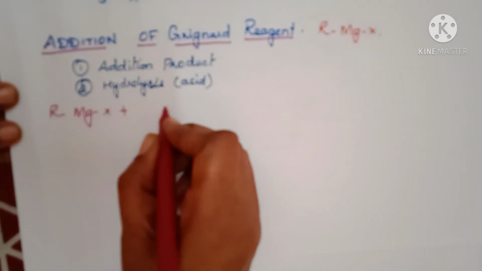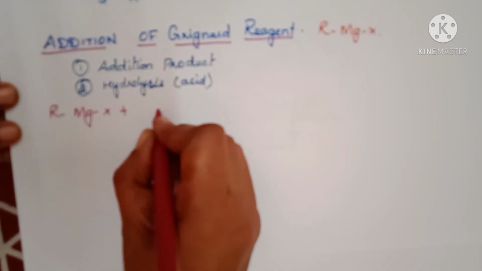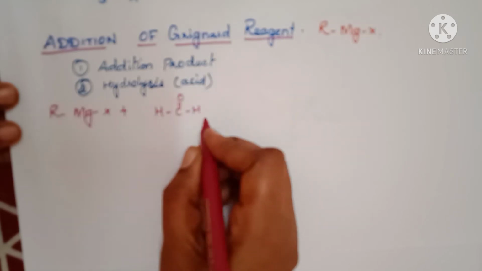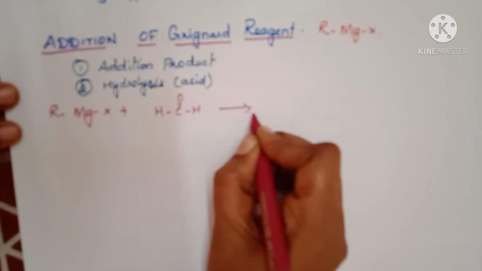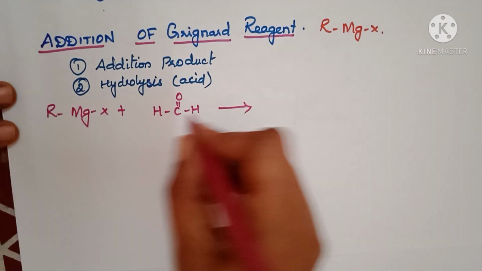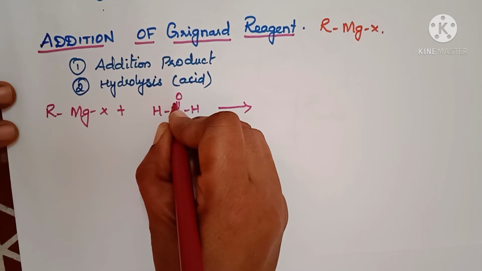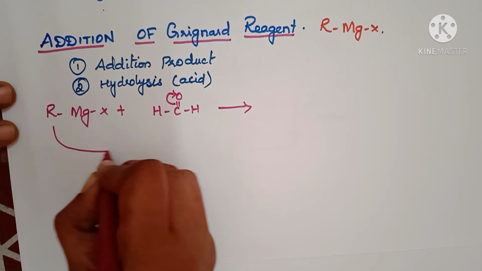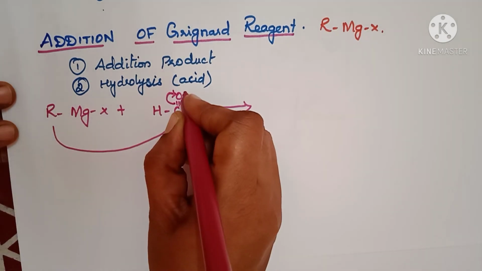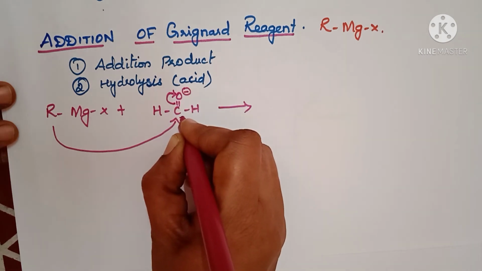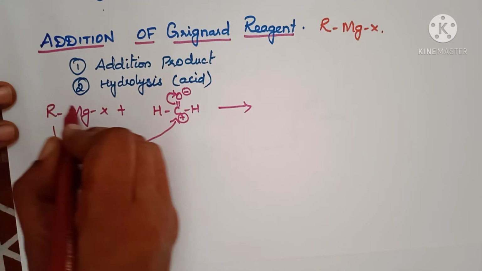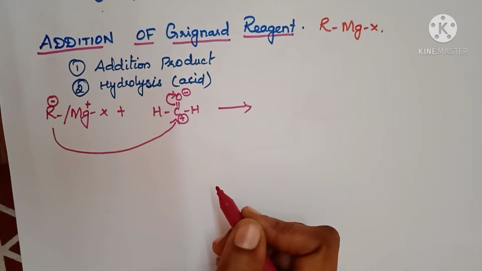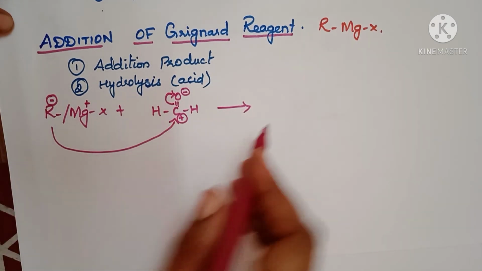This reacts with formaldehyde, formula HCHO. Here the addition product forms. Naturally the alkyl group, which is negative, will go and sit on the carbonyl carbon, which is positive.